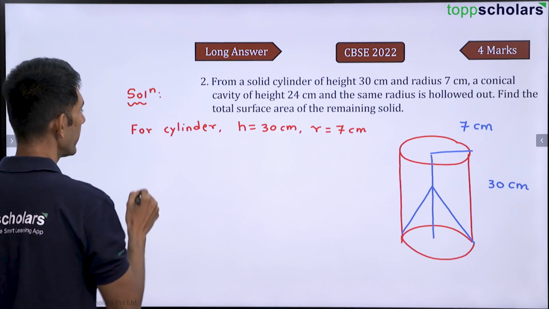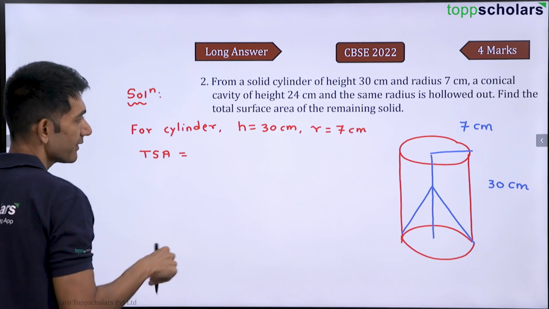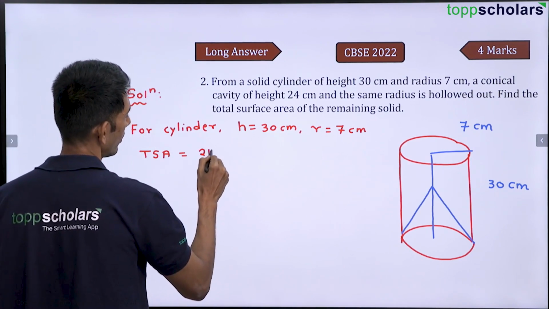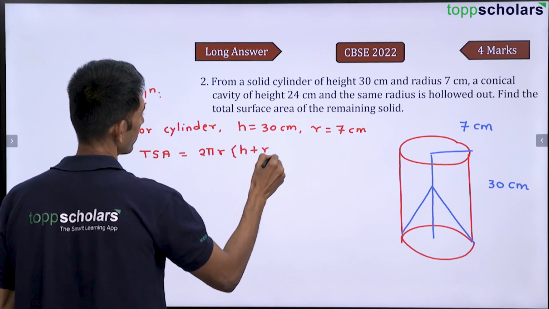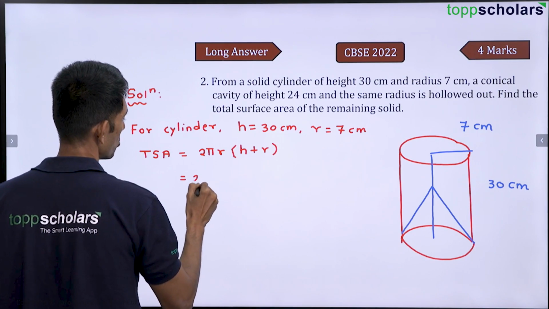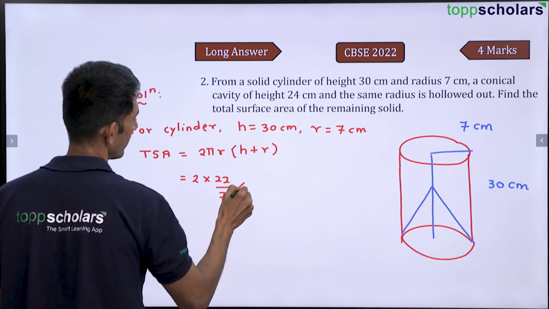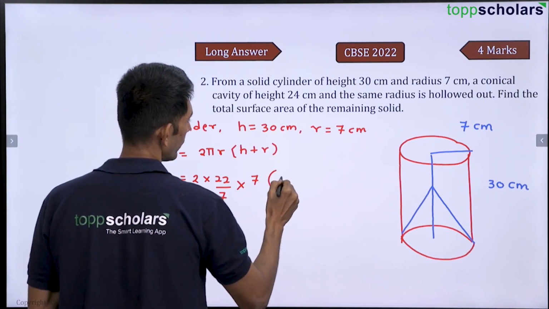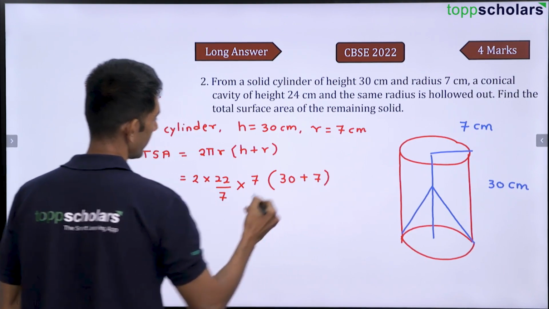So what will be the total surface area of the cylinder? Can I say it will be 2 pi r (h plus r), that is 2 into 22 by 7 into 7 into (30 plus 7).